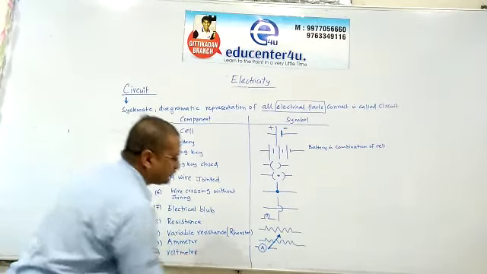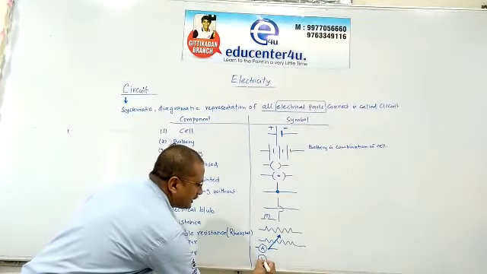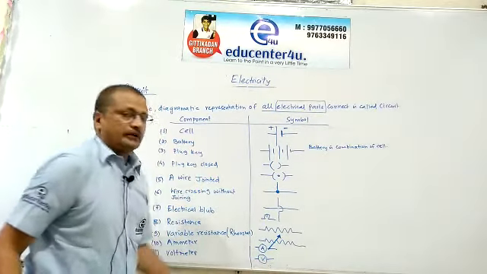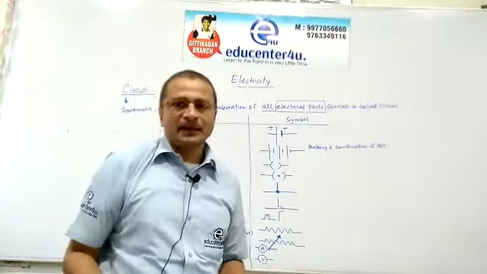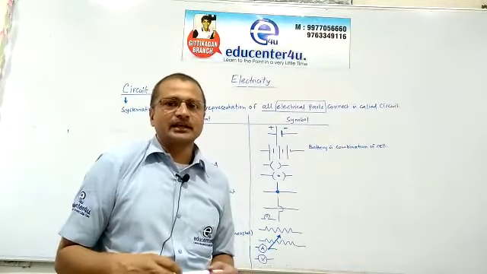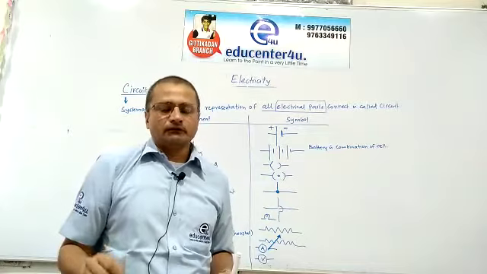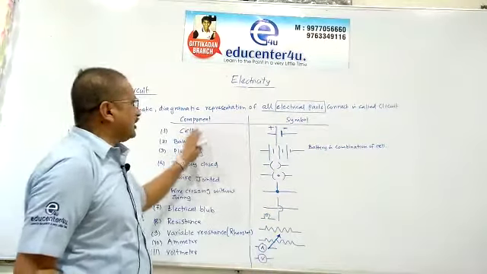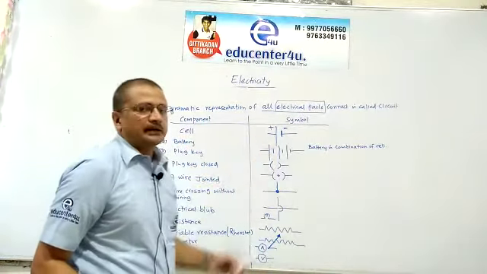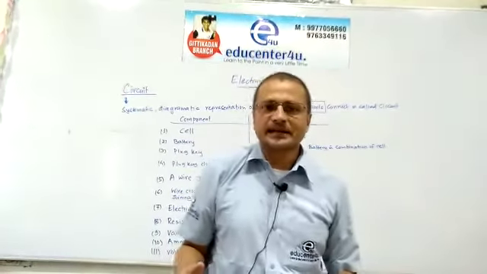It is the instrument used for measuring the voltage, and the symbol will be, you have to make a circle, and inside the circle you have to make capital V. So these are the following components and symbols depicted for making any circuit.